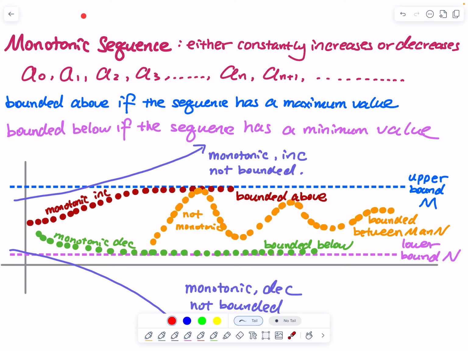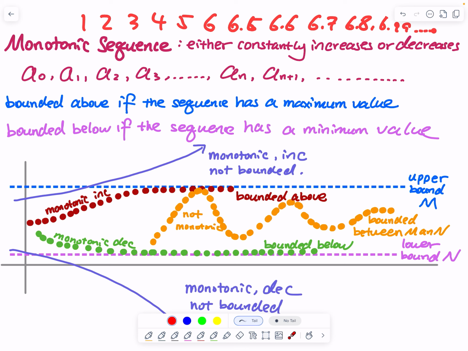How about we have 1, 2, 3, 4, 5, 6. Eventually we will do 6.5, 6.6, 6.7, 6.8, 6.99, etc. But we will never go above 7. So this sequence is constantly increasing and bounded above.